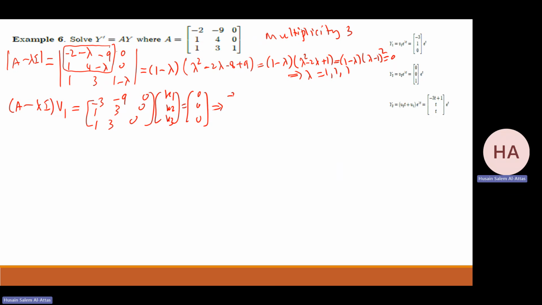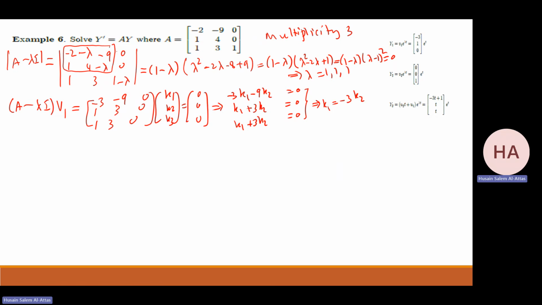So what are the equations? Minus 3K1 minus 9K2, and K1 plus 3K2, same. Very clear to me, all these three equations are the same. So I have K1 equal minus 3K2.